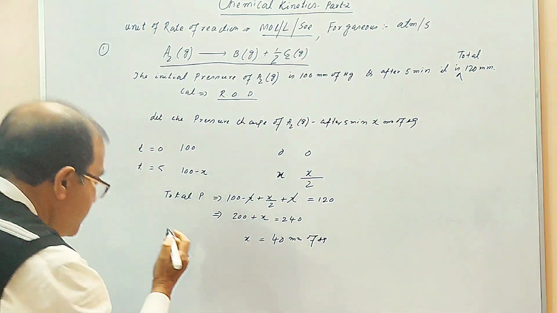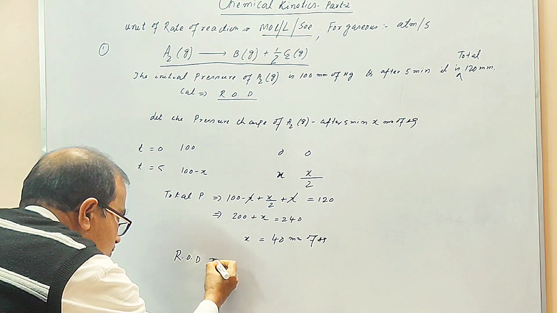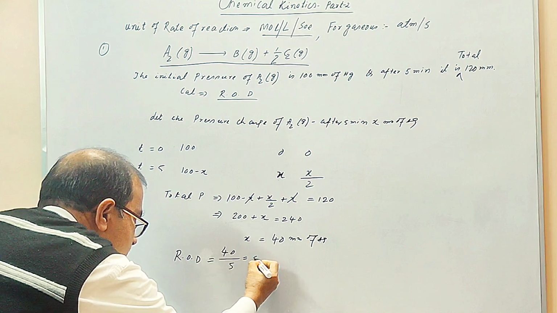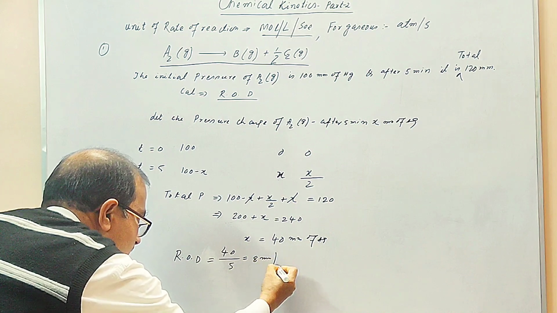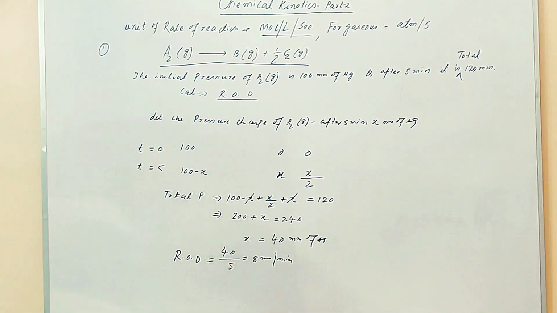So from this we can write ROD is equal to 40 millimeter by 5 minutes, which means 8 millimeter per minute. Okay, is it clear? The rate of disappearance of A2 is 8 millimeter per minute. I think it is clear. If it is not clear, you can write in the comment section, then I can see it.